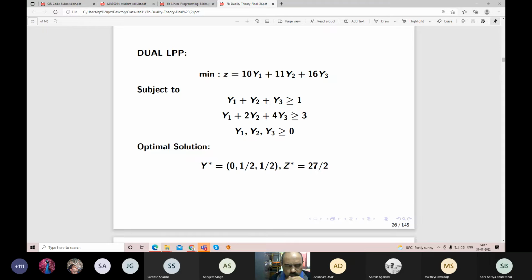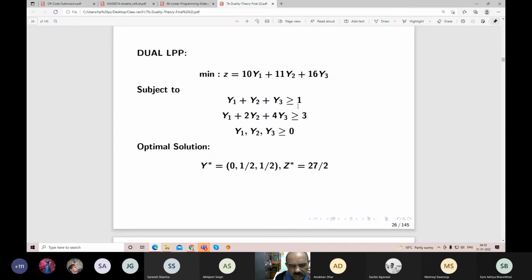Both will be fulfilled, no? y3 greater than or equal to 1 and y3 greater than or equal to 3 by 4. What is the intersection?